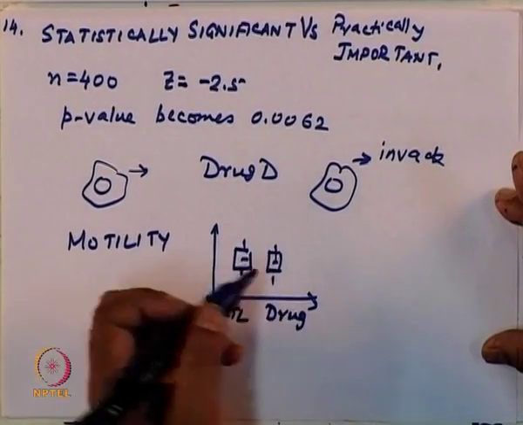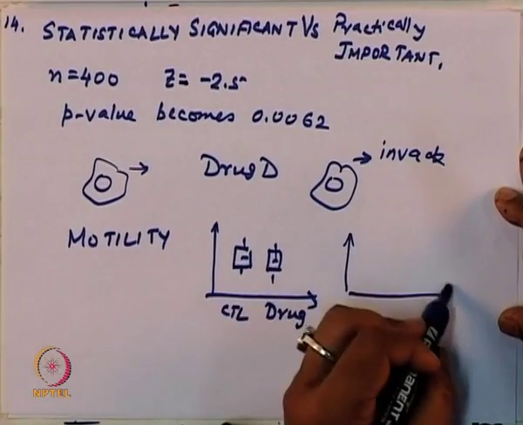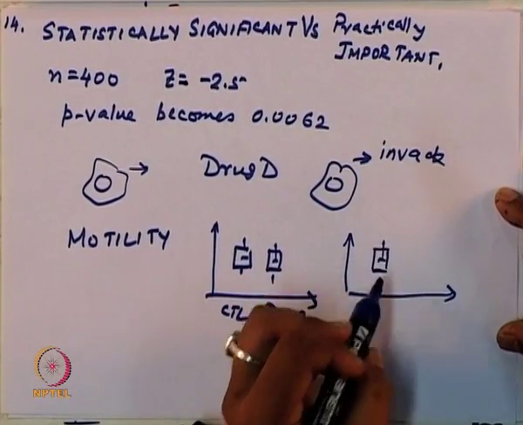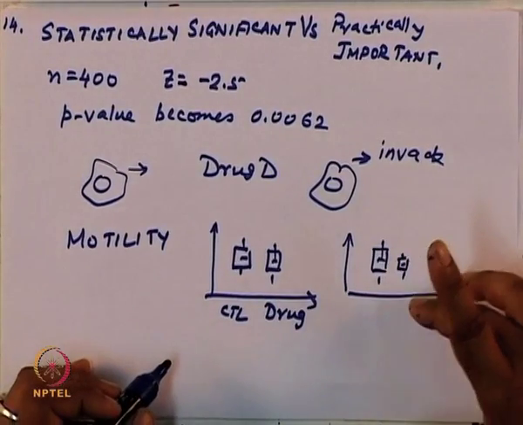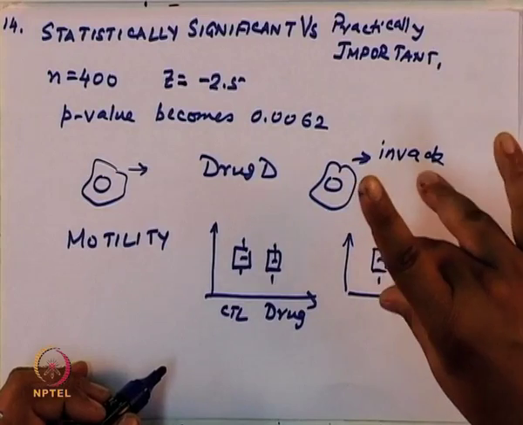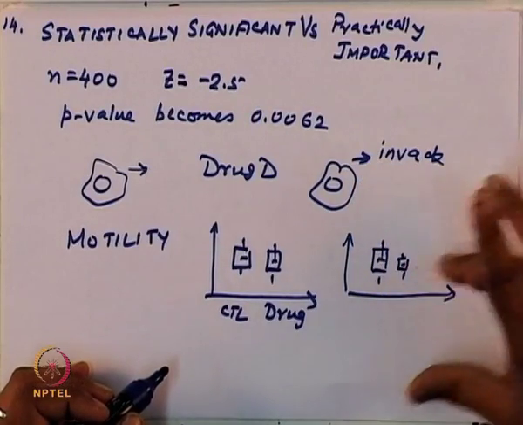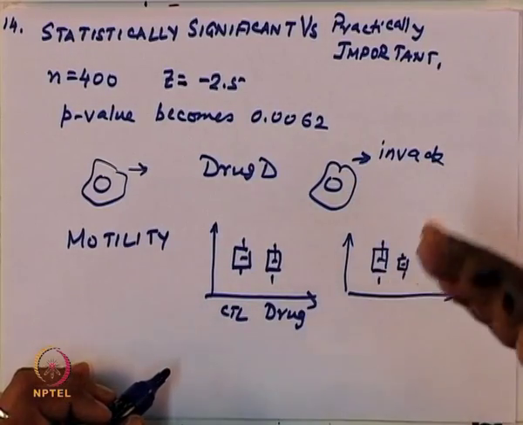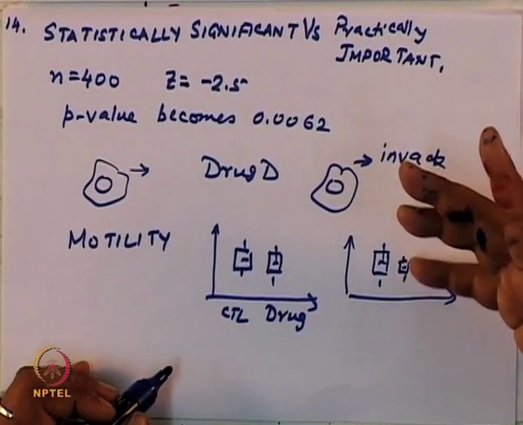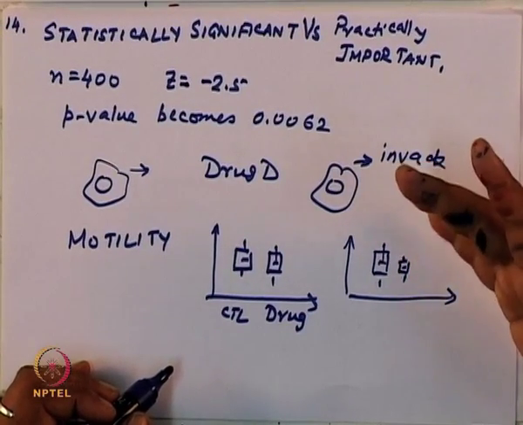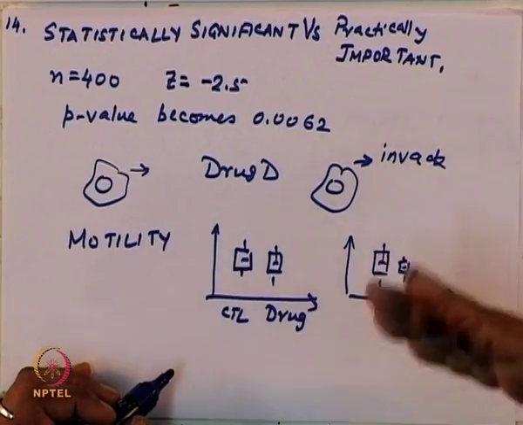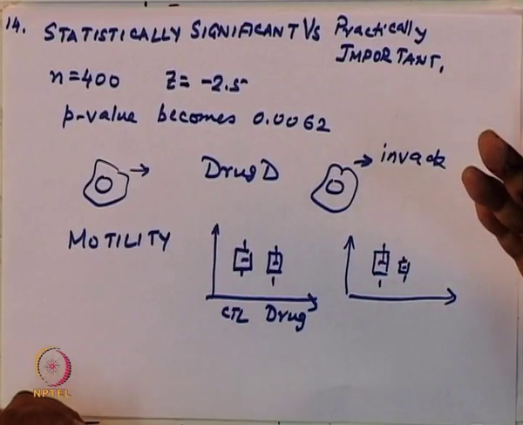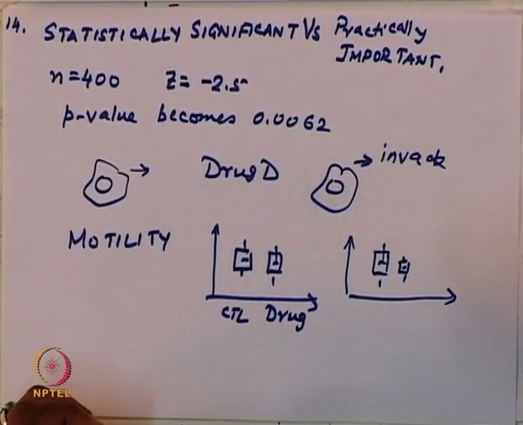But sometimes, let us say in a different case, what the drug has done is the extent of variation in the population is reduced, but the mean has not changed, or it has just shifted slightly. So, even though this might be statistically significant, it may not hold any practical importance.